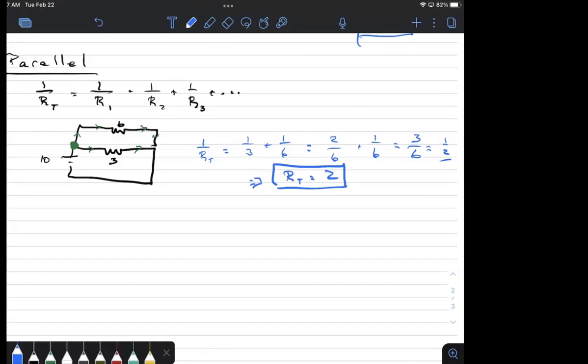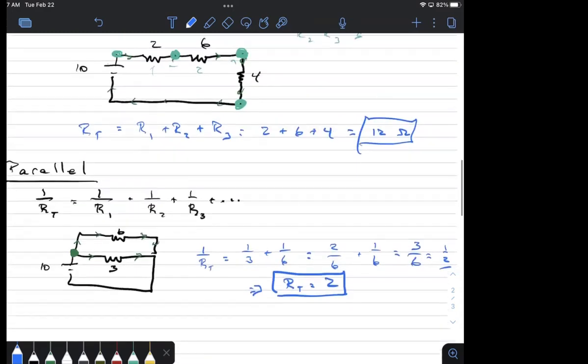So don't forget this step. If you have parallel resistors, 1 over the first plus 1 over the second and so on gives you a number. That's not your answer. The answer is 1 over that number. So you have to remember to flip the answer at the end. But that's the rule.